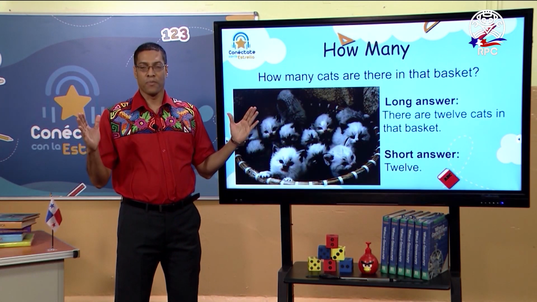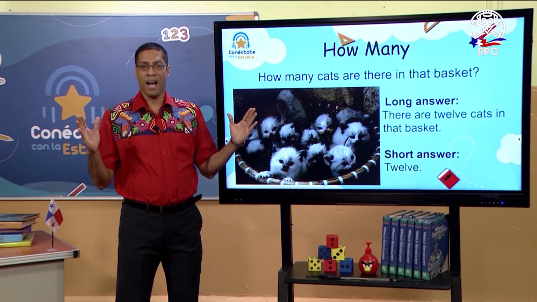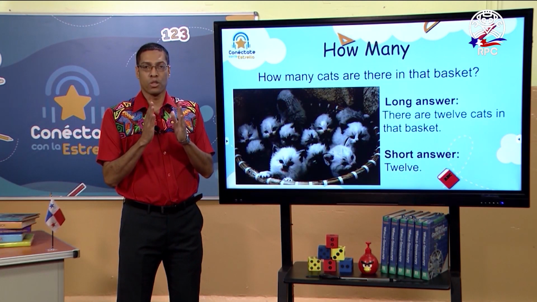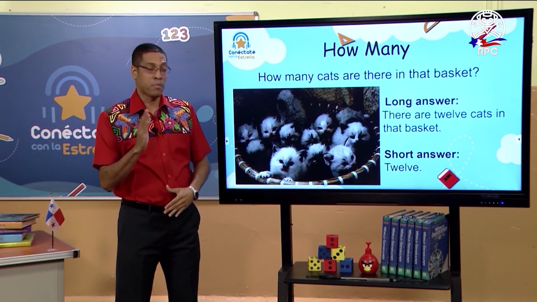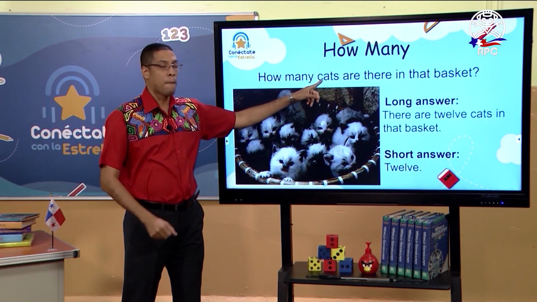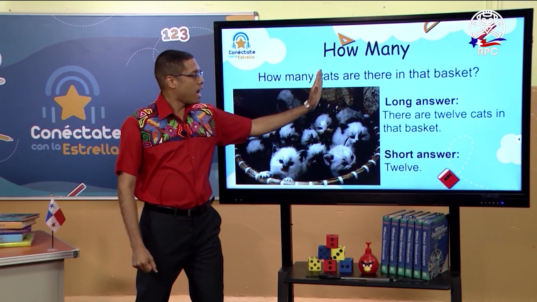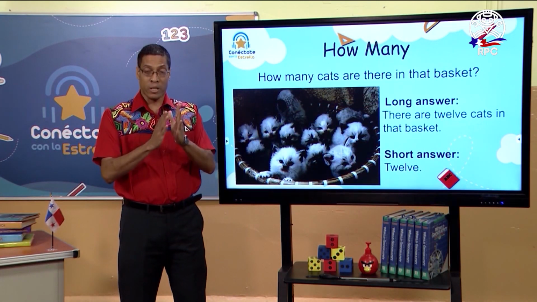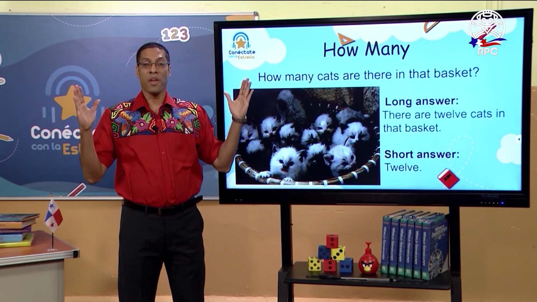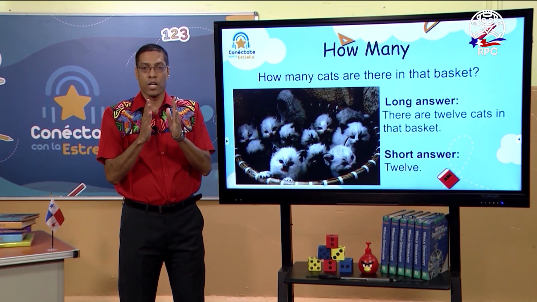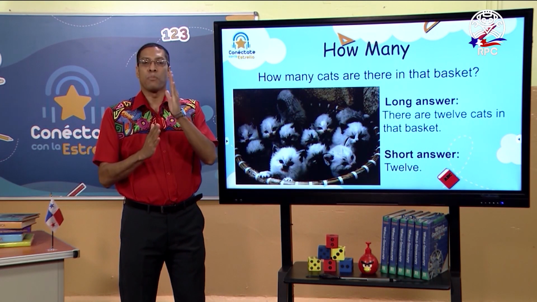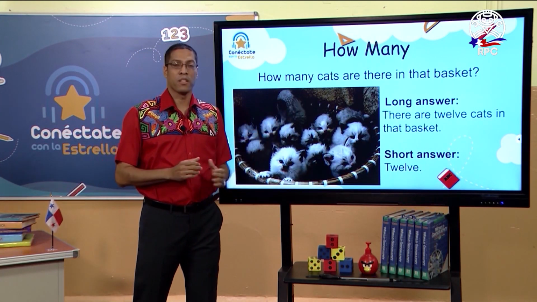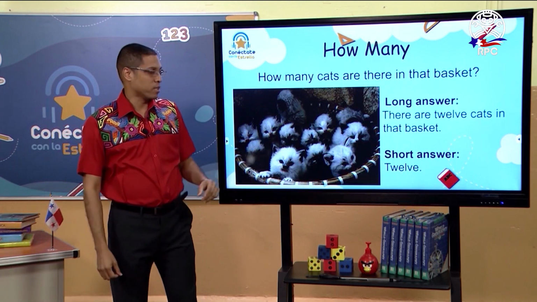Long answer. There are 12 cats in that basket. Short answer, 12. Remember, how many plus plural, and then you have additional information. You can answer with a long or a short answer. You can practice this with your teacher when you have the proper lesson about it.